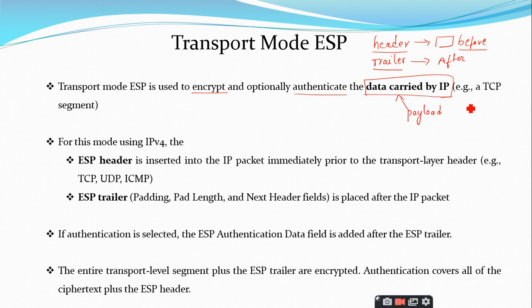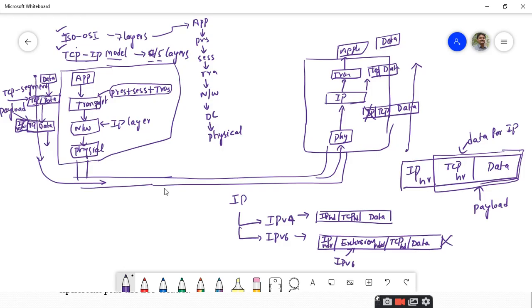So the data carried by IP is nothing but the TCP segment. For this mode using IPv4, when I select IPv4 and I select the ESP mode, I want to secure it by using ESP.